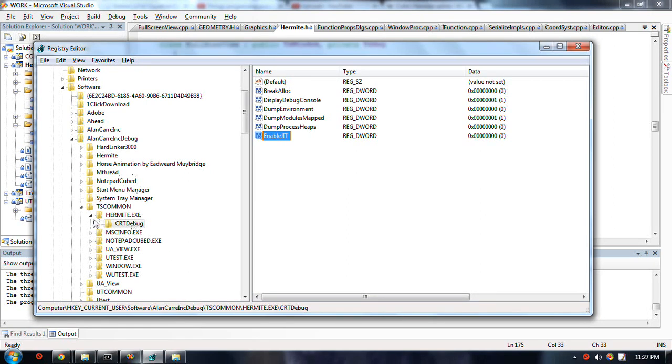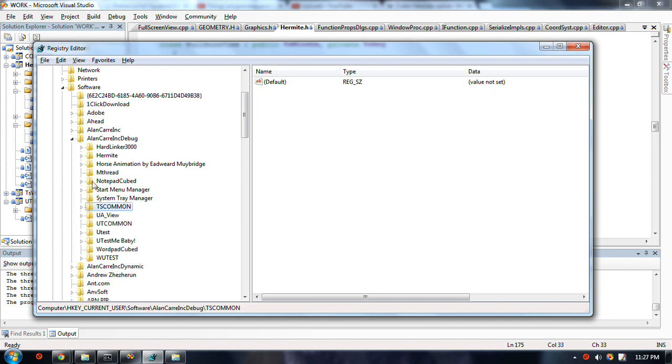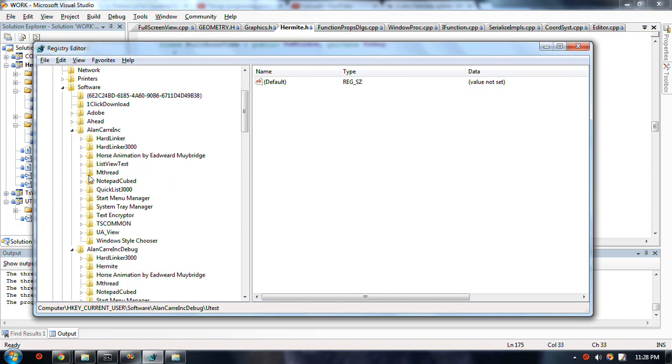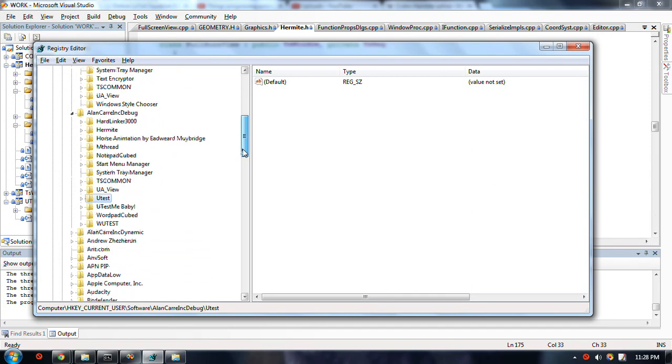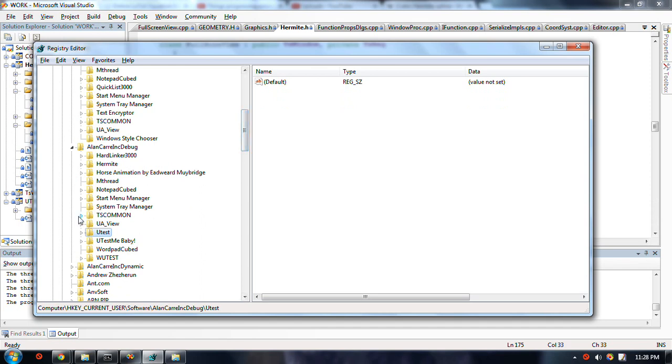I did a lot of reorganizing in this, so this doesn't do anything. In this area, see, it used to be that there was just something like TS common. I think it's a common.